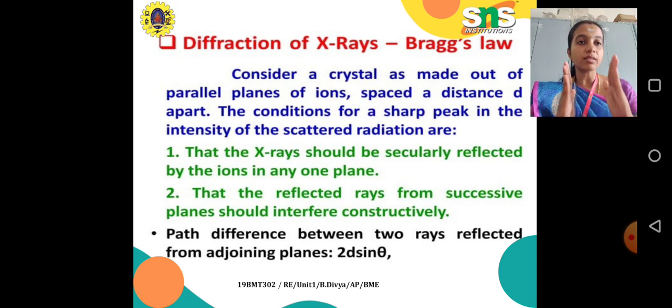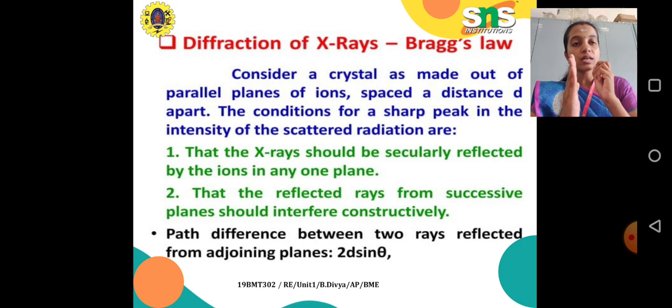Second, the reflected rays from successive planes should interfere constructively. We have two planes placed parallel. Once the X-rays are passing, we have two conditions to have a very sharp peak in the intensity of the scattered radiation.